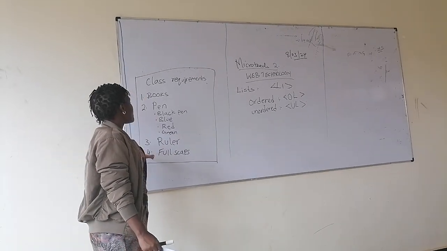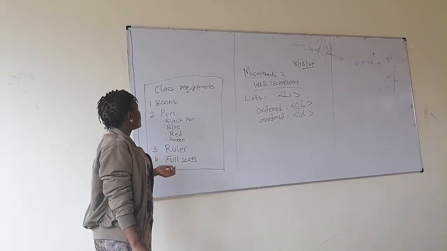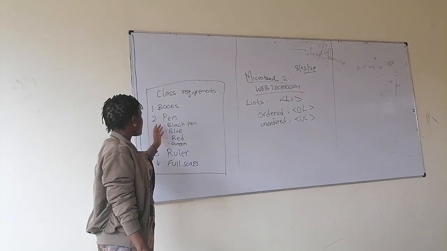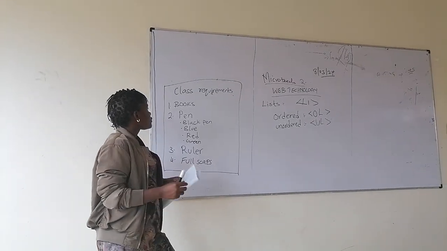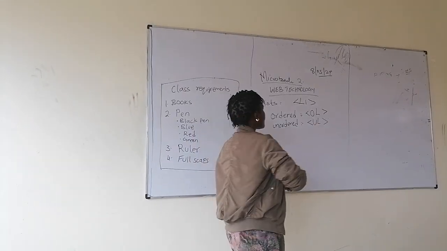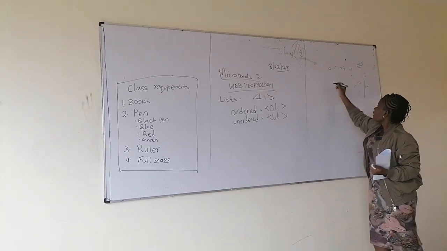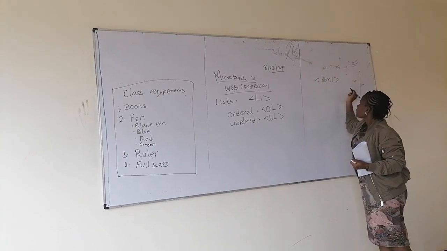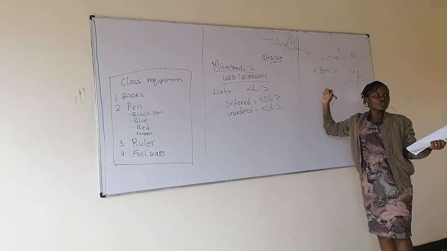Which section do you think is ordered and which one is unordered? So number 1, 2, 3 is ordered and these ones are not ordered, right? Okay. Let's write it together. So first of all, we have the HTML tag. Then next we have the head, or sometimes you can just go straight to the body.